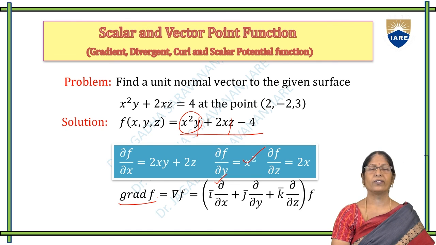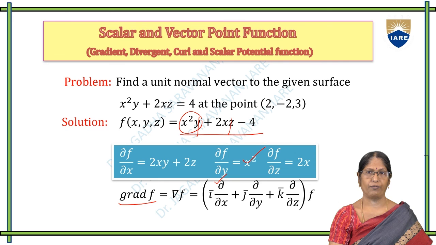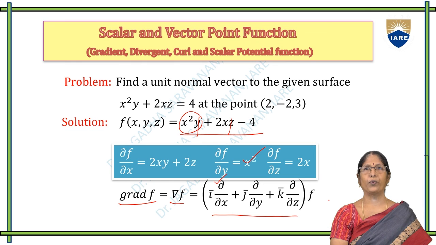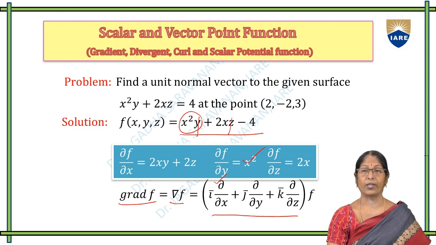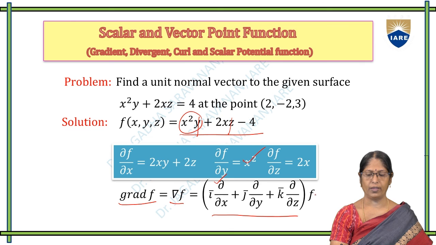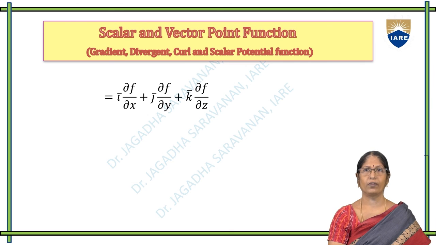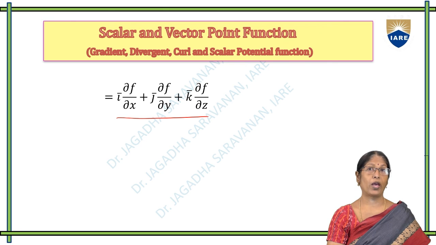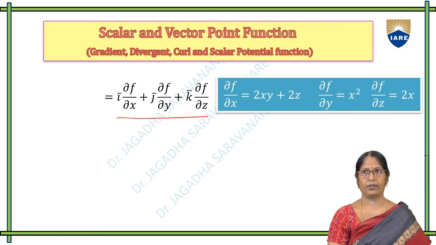Here we can see gradient f. Mathematically the notation is grad f, which is i dou by dou x plus j dou by dou y plus k dou by dou z of f. We can take f inside, so i into dou f by dou x plus j into dou f by dou y plus k into dou f by dou z.